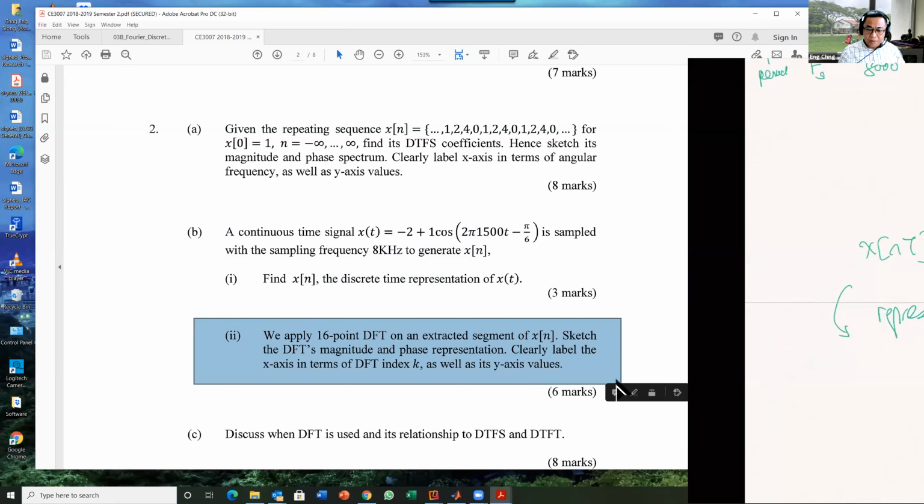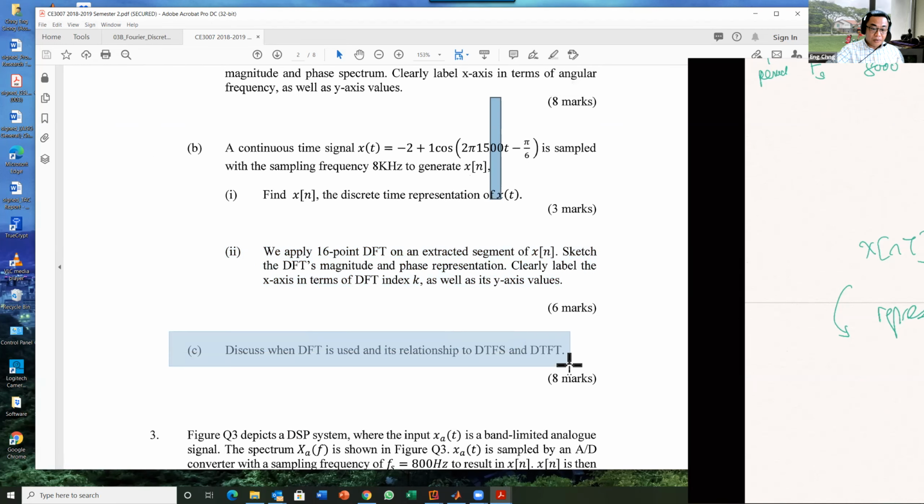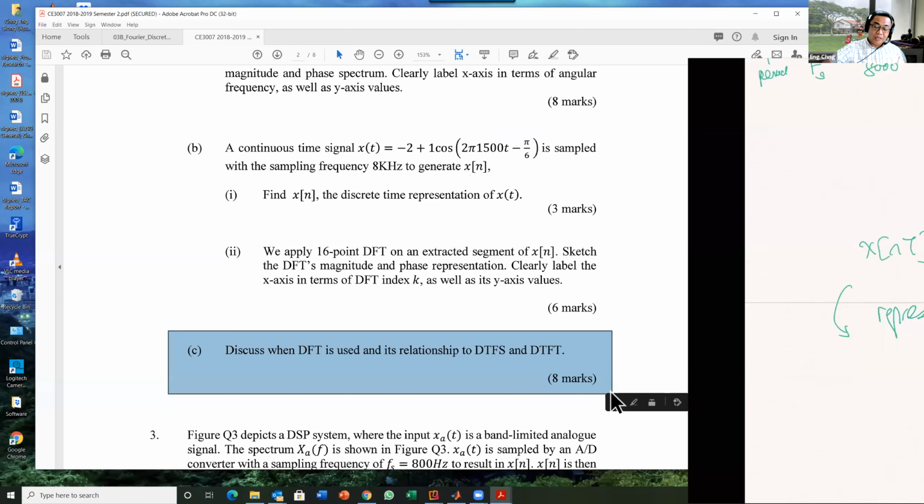Although the question is asking for DFT, and DFT is not in the quiz, can I instead deal with it as DTFT? If I ask you to represent this in 16-point DTFT, then this question is also related to the last question, which is how DFT is related to DTFS and DTFT. Maybe I should do it in DFT so that you guys wouldn't get confused.